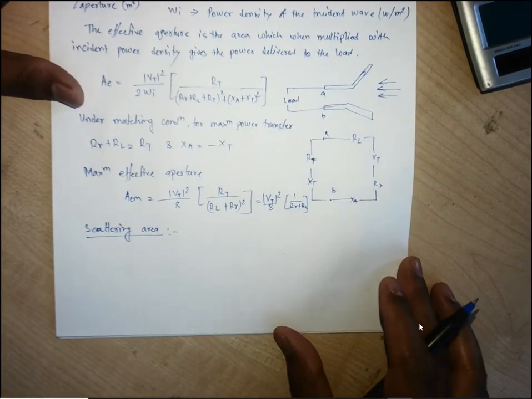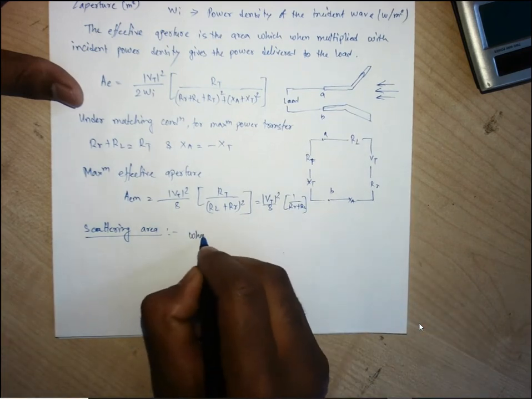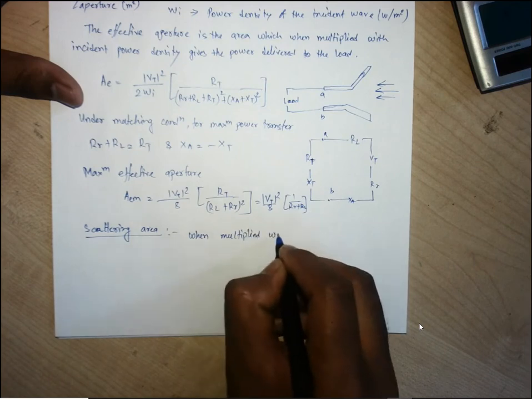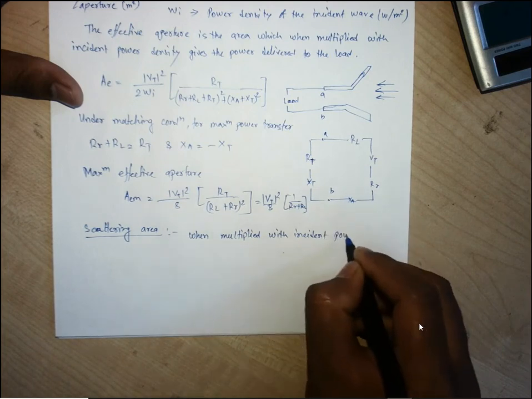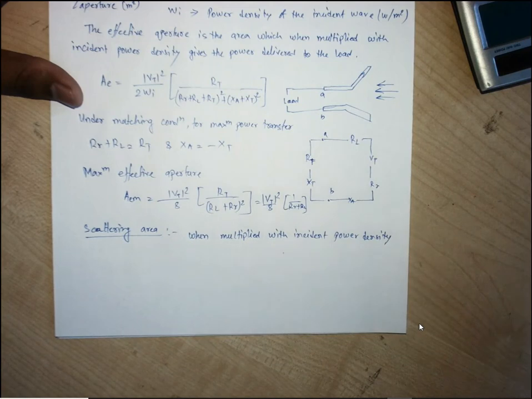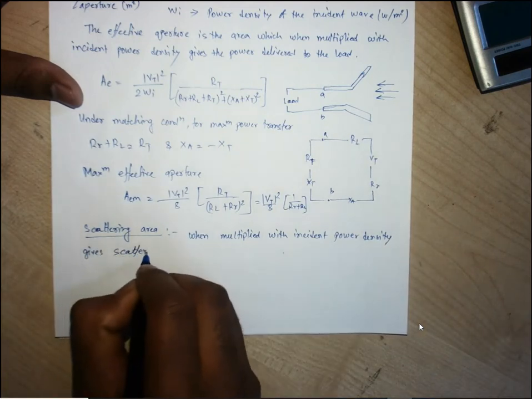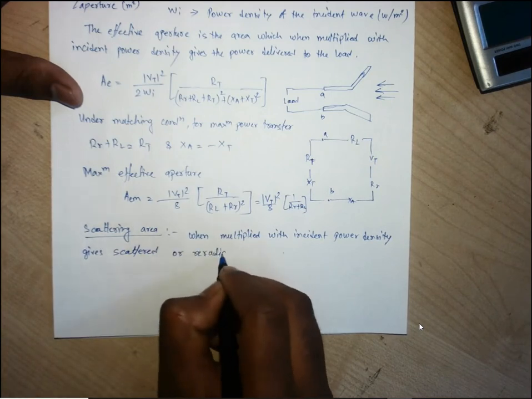This area, when multiplied with the incident power density, gives us the scattered or re-radiated power.